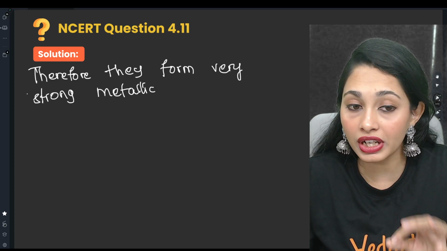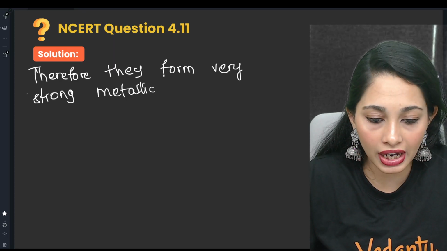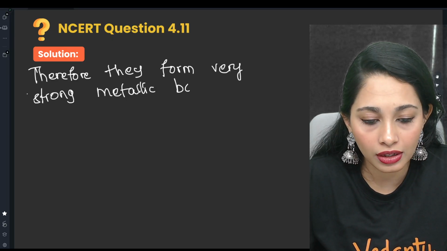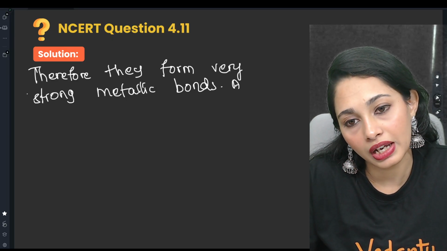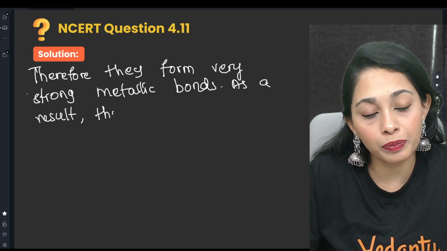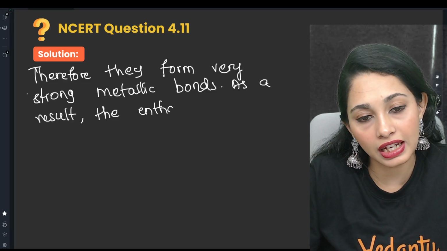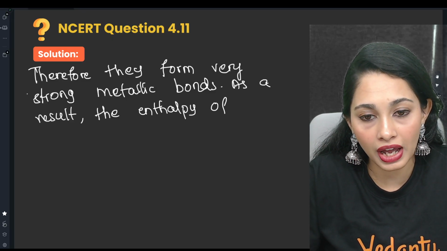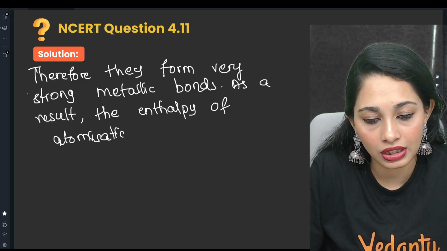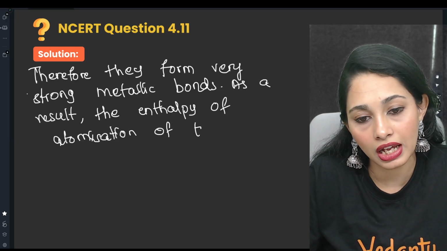Because of high effective nuclear charge and a large number of valence electrons, they form very strong metallic bonds. And as a result, the enthalpy of atomization of transition metals is high.